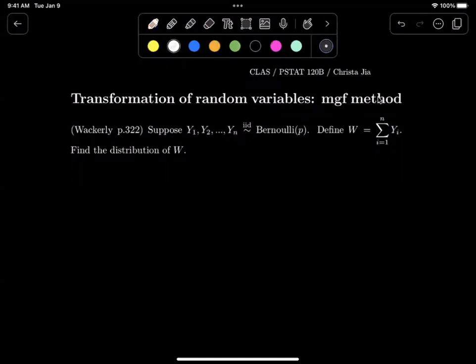So in this class, you have already been introduced to the CDF method and the PDF method. They're both very useful methods, but they have some major limitations. Usually they work well for one-dimensional problems or two-dimensional problems.